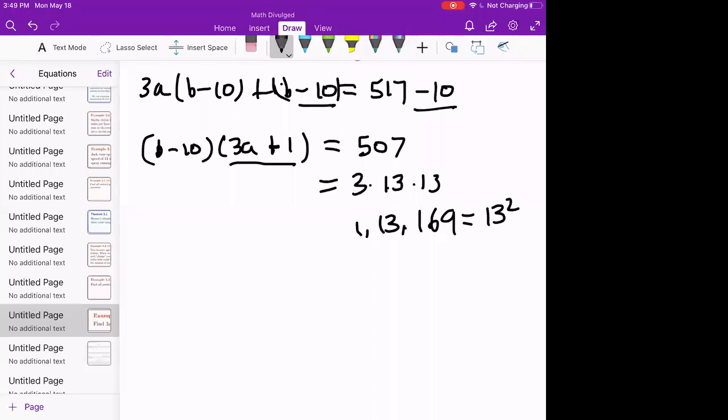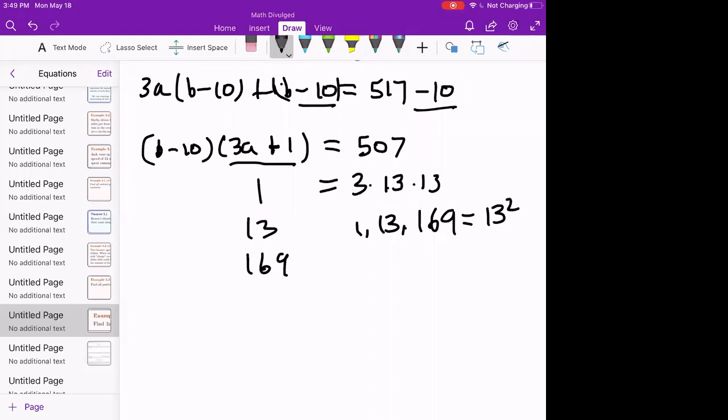And if x is an integer, x squared is also an integer. So no matter what value of a we have, 3a plus 1 is not going to be a multiple of 3. Therefore, 3a plus 1 can only take on a few different values: it can take on 1, it can take on 13, it can take on 169.